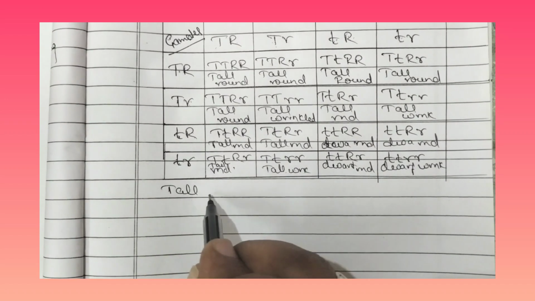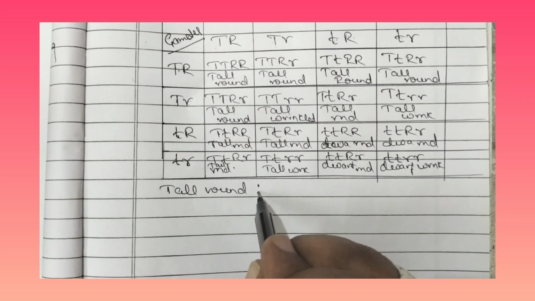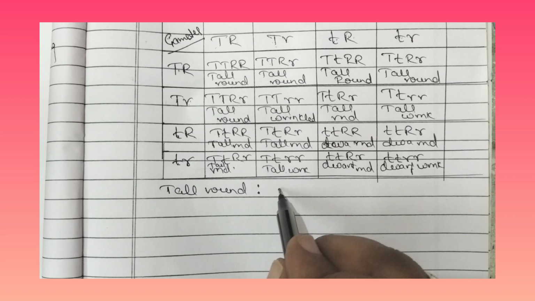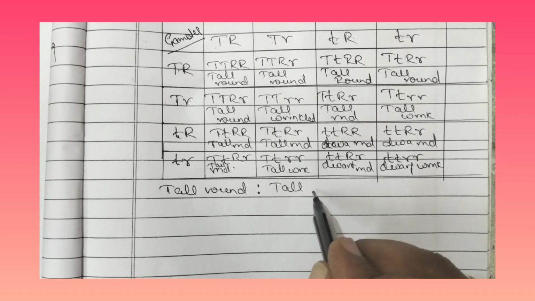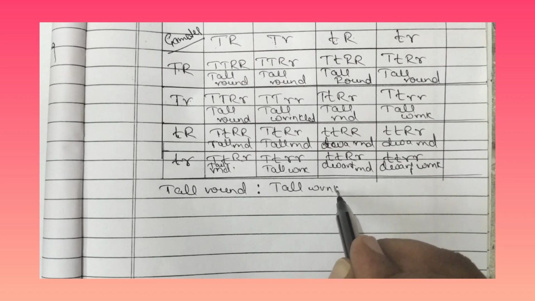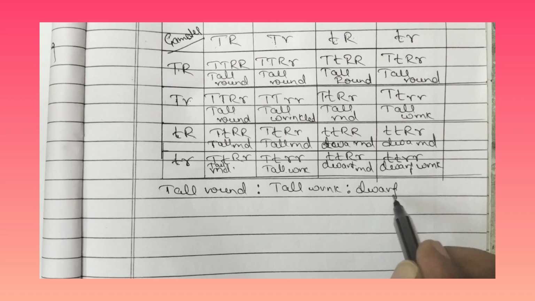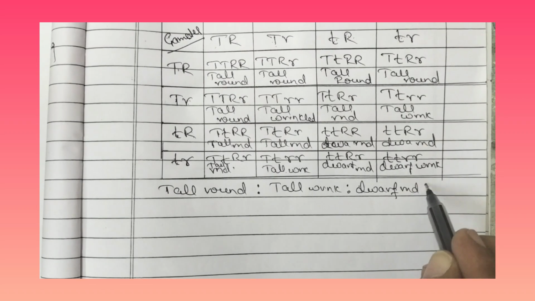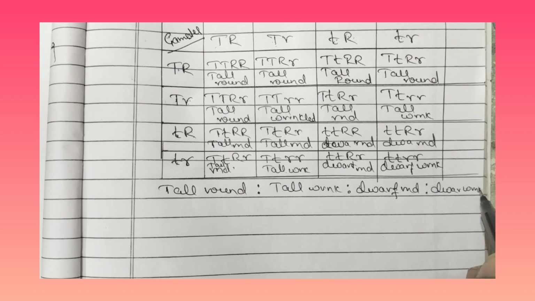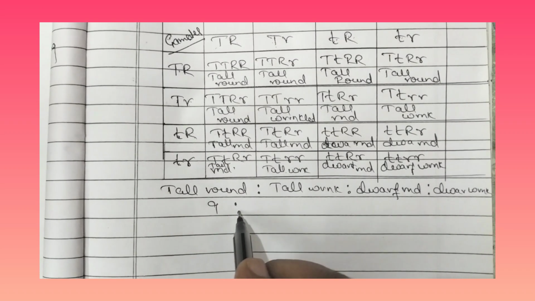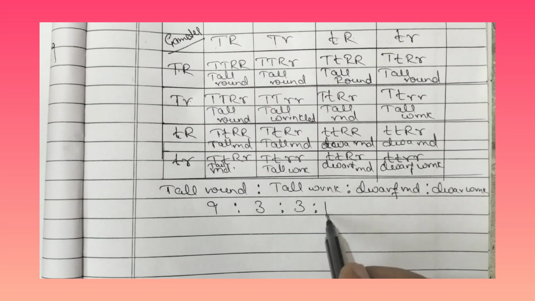So ratio ಬರೆಯೋದಾದ್ರೆ, it is phenotypic ratio: tall round is to tall wrinkled is to dwarf round is to dwarf wrinkled. So tall round 9 ಇದೆ, tall wrinkled 3, dwarf round 3, dwarf wrinkled 1.